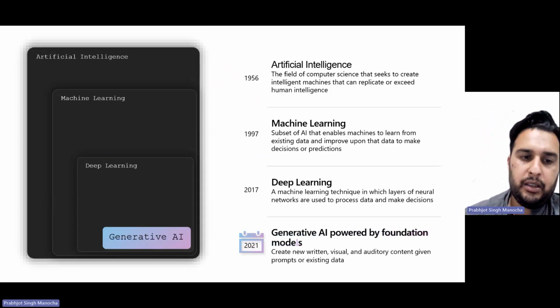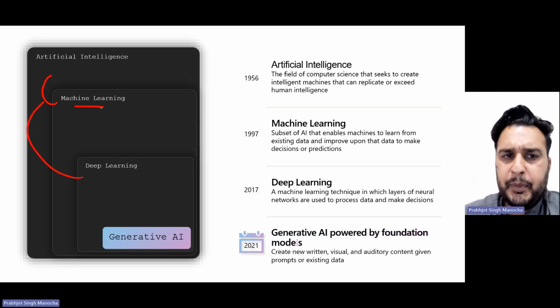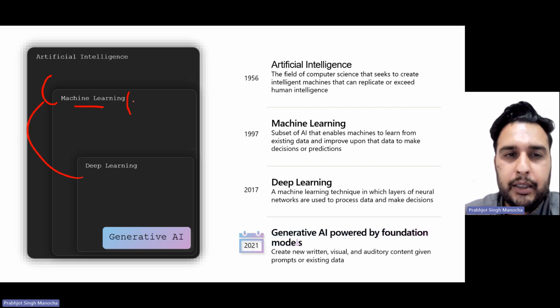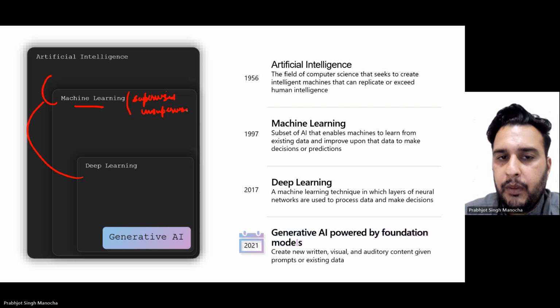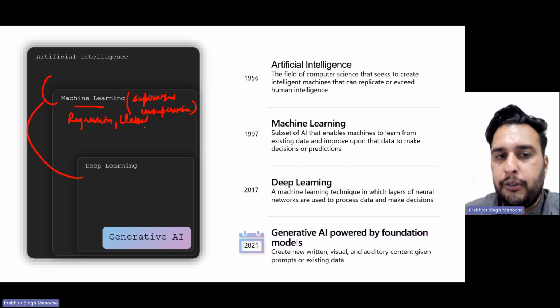So as already mentioned, they all are part of artificial intelligence, right? Where machine learning, if I specifically talk about, yes, there are a few models, like supervised models and unsupervised models, for the purpose of regression, classification, and clustering.